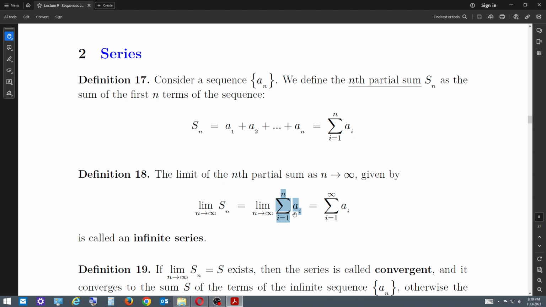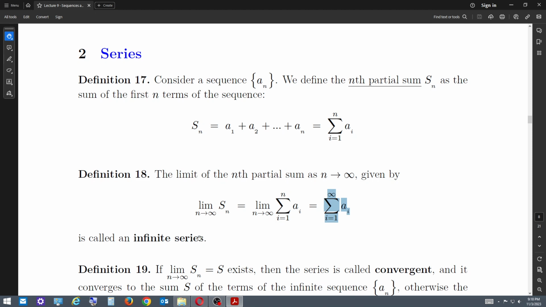What this really means is just the sum of all the terms of the sequence, because if we're summing the first n terms and n gets bigger and bigger, eventually we'll cover all the terms as we get to infinity. And this is called an infinite series.